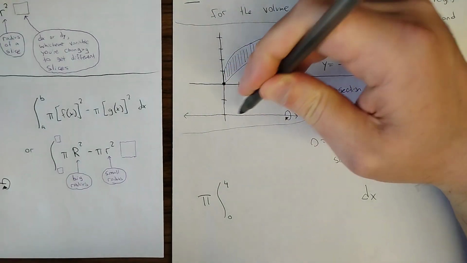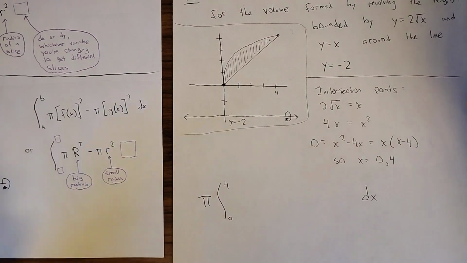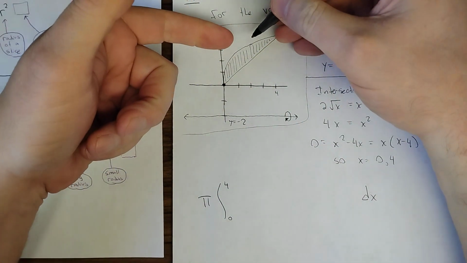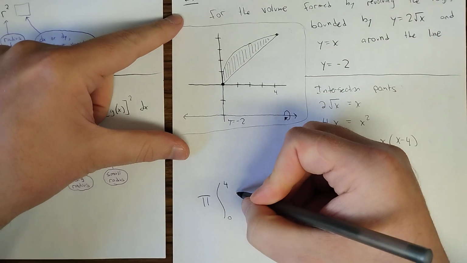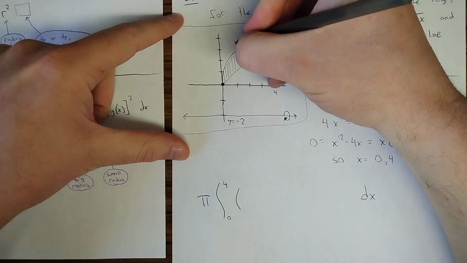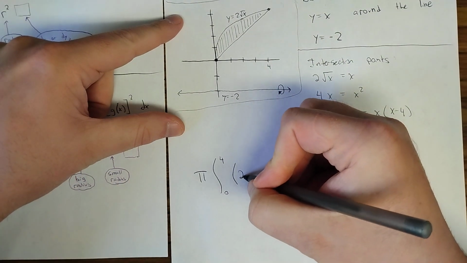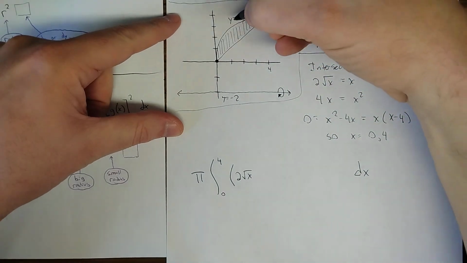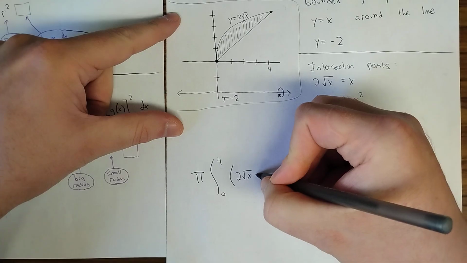It's this other horizontal line, y equals -2. And big R is the distance from that to the farther curve. So the farther curve, this one is y equals 2 square root of x. So I want to do the distance from that down to -2.